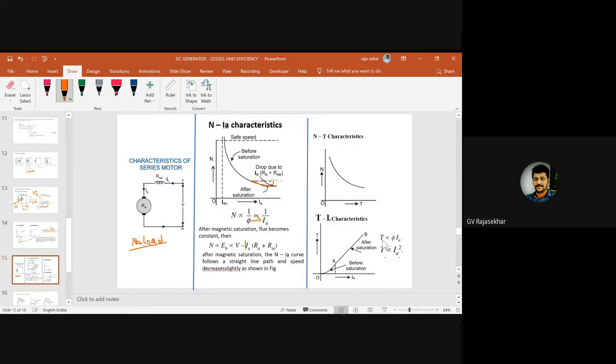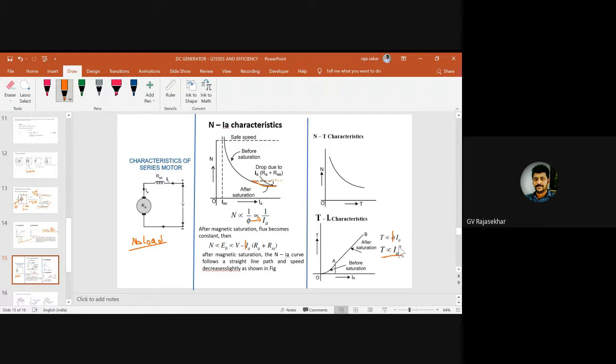Actually, I should get a straight line, but before saturation I am going to get a curved line up to point A, and after that a straight line. Once the effect of phi is removed, we get a linear relationship. But up to point A, it is a non-linear relationship. Torque is proportional to IA square.